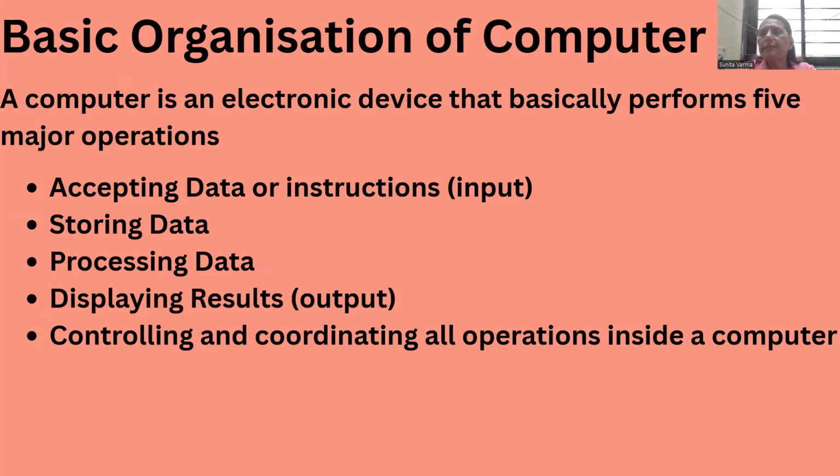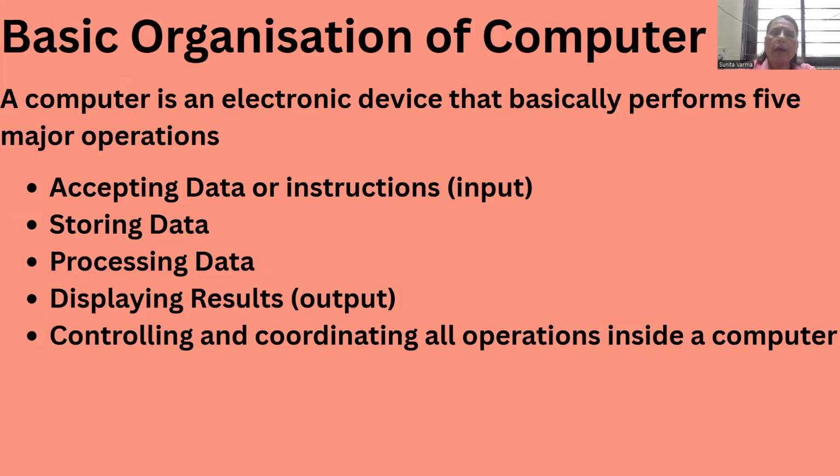After seeing this basic concept of data, information, and knowledge, we further talk about the basic organization of the computer. As I told you, it is an electronic device and it performs five major types of operations. The computer accepts the data or instructions, which are the input.